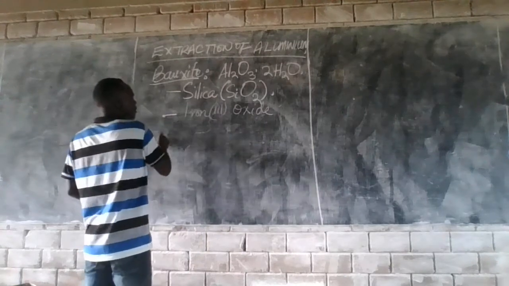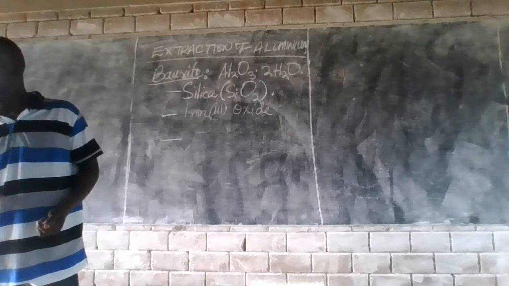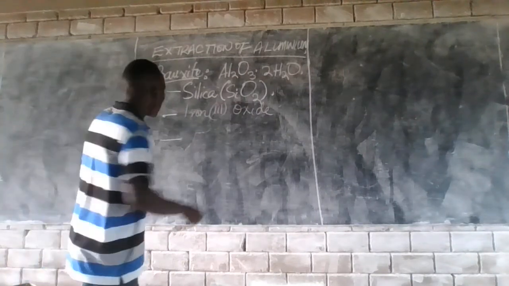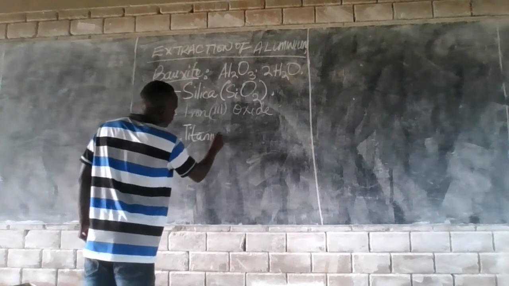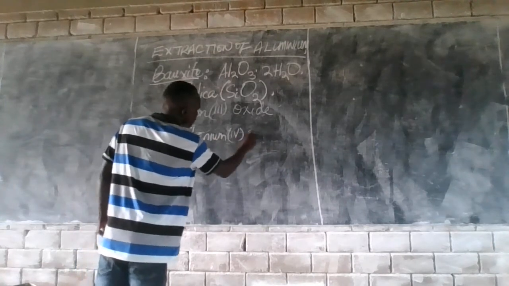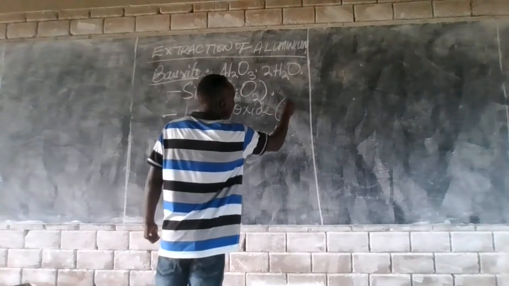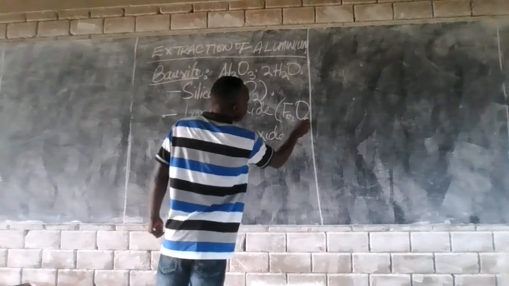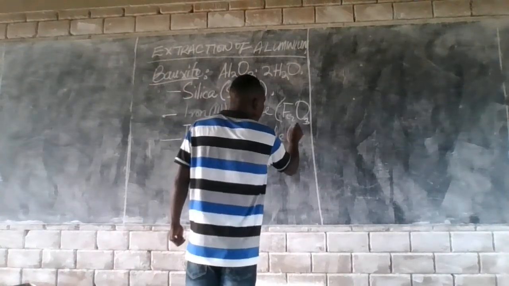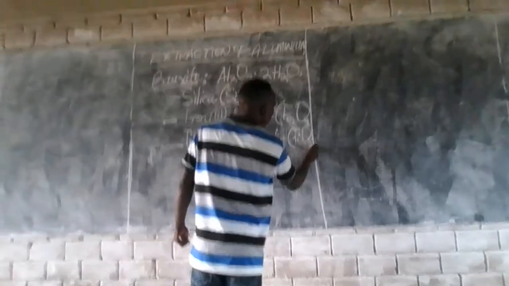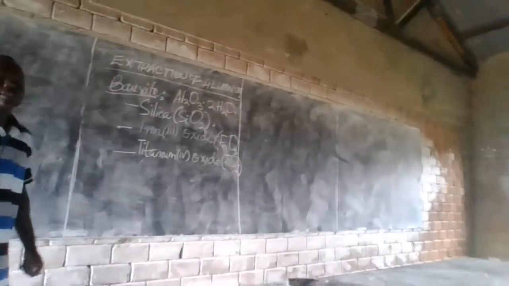We have another one, titanium 4 oxide. Iron 3 oxide, this is Fe2O3. Then titanium 4 oxide, this is TiO2. That is titanium 4 oxide.